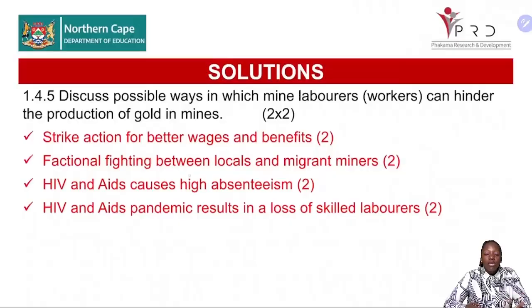Then we're also looking at diseases such as HIV that have an impact, because if most of the workers are being impacted with these diseases, it means each and every month there will be a day that they will be absent in order to collect medication. So therefore the company will be paying them, and on that day there will be no production.